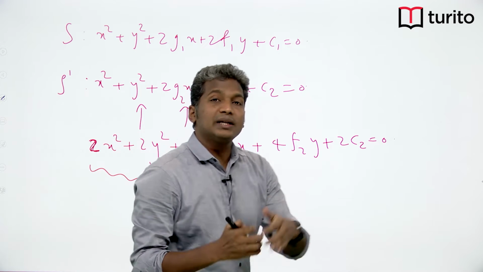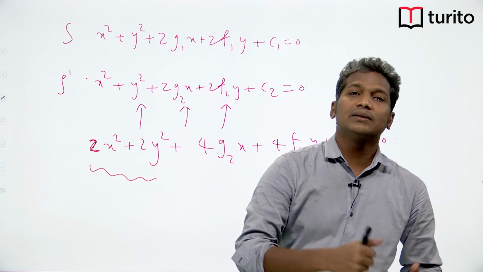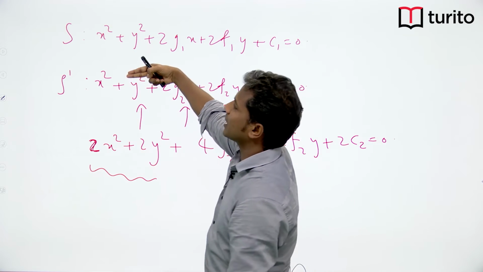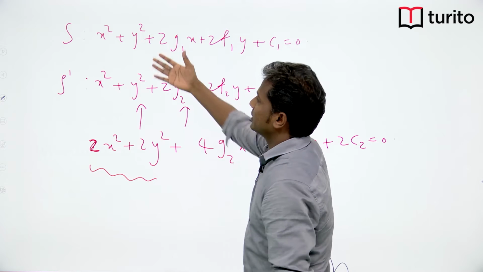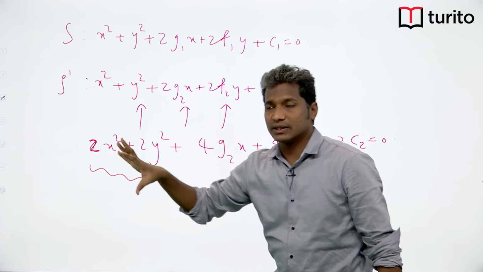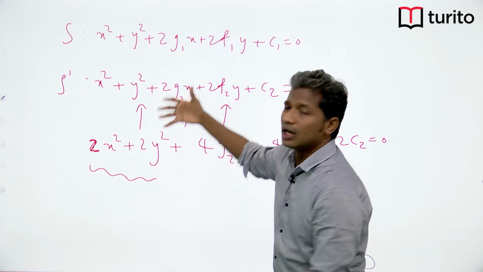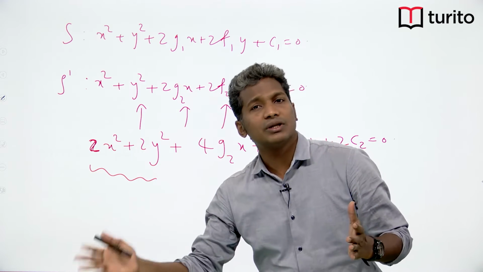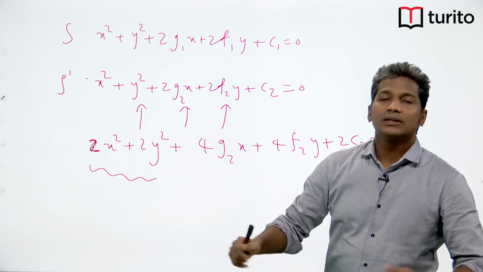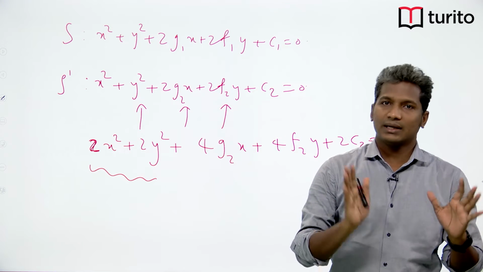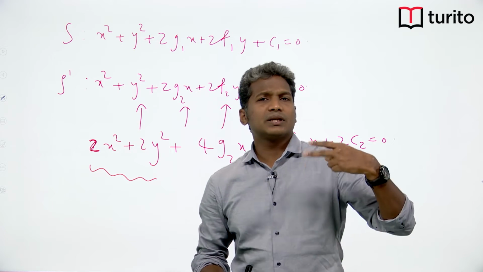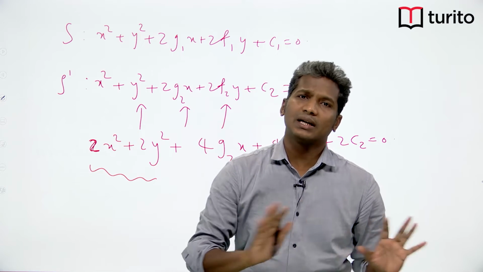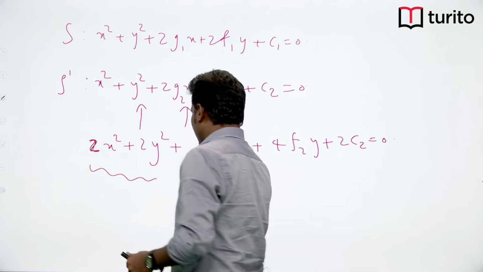Now, when we subtract these two, we generally get the equation of the radical axis. Also, you can observe when we subtract these two, x square and y square get cancelled, and whatever remains are linear terms only: x term, y term and constant, which means the locus is going to be a straight line. In general, if we subtract one circle from the other circle, we get a straight line, and that is clear and cut. Okay, now let us go back.